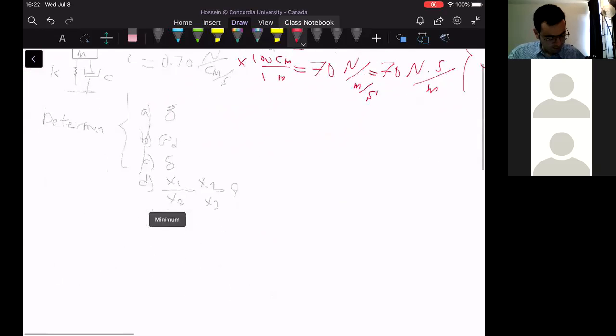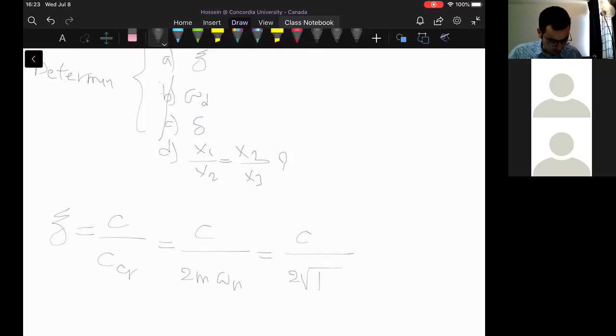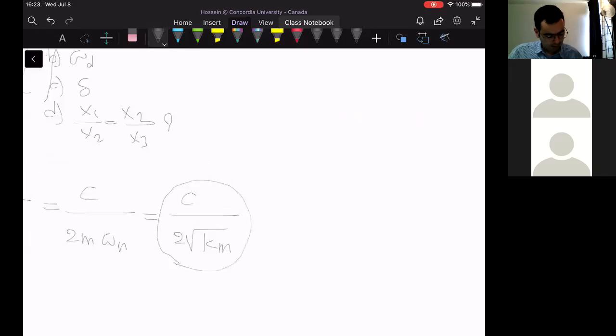So at first you have to convert to SI units. The damping factor is very easy. The damping factor is nothing but C over C critical, right? C is the damping constant, which is given, and C critical is 2m omega n, or you could use another form of this formula, 2 square root of k multiplied by m. The reason I use the second relation is that we have k and m easily available, so we can easily find the critical damping.